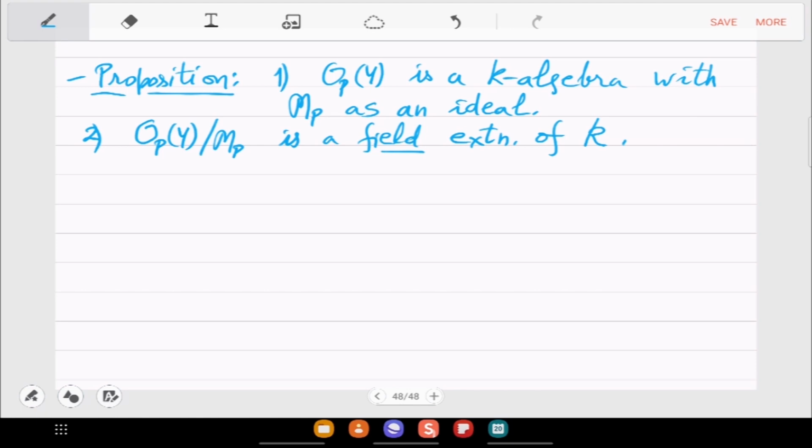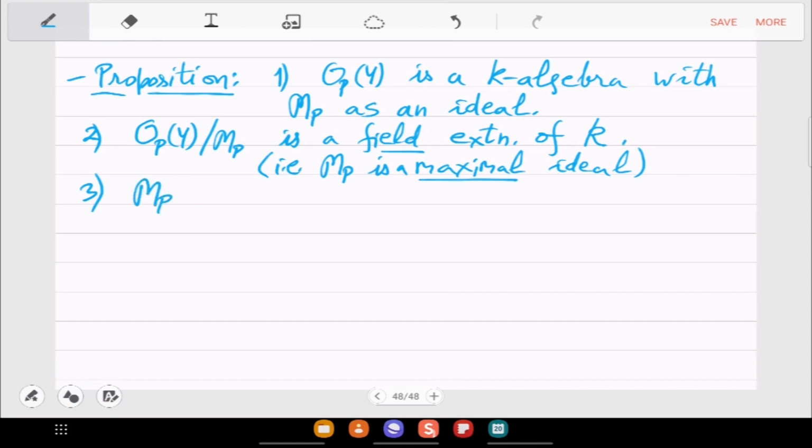Okay, so in particular or equivalently, MP is a maximal ideal. And third is that not only is MP a maximal ideal, there is no other maximal ideal present. It's a unique maximal ideal.